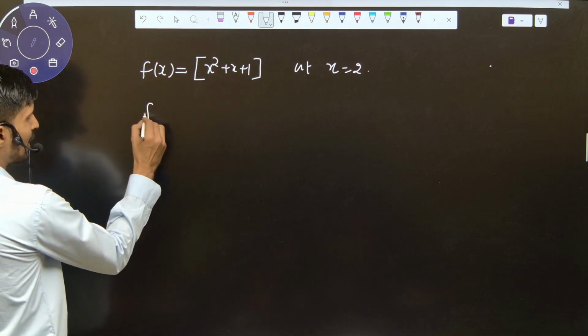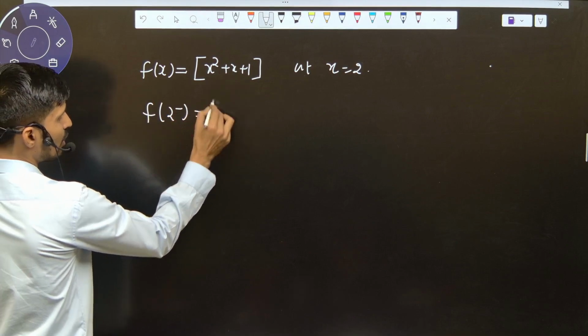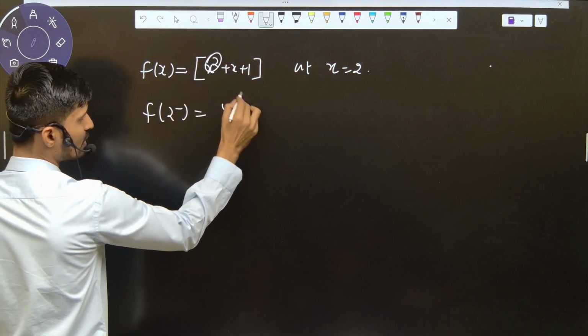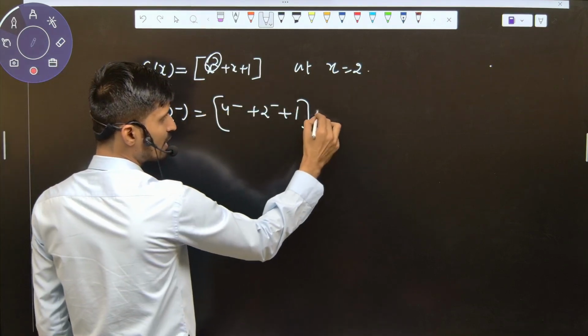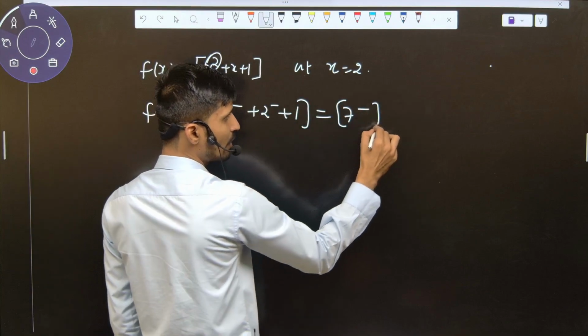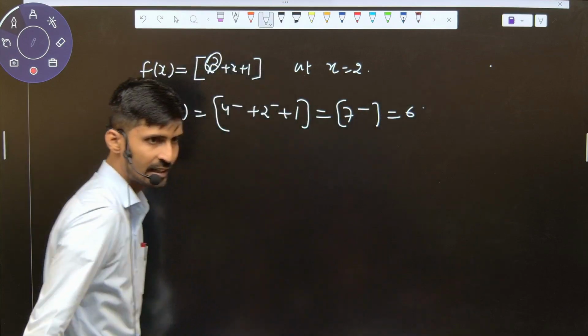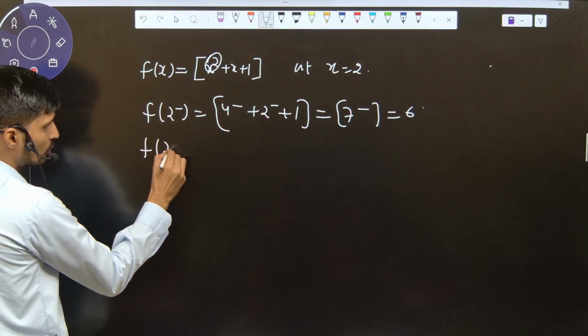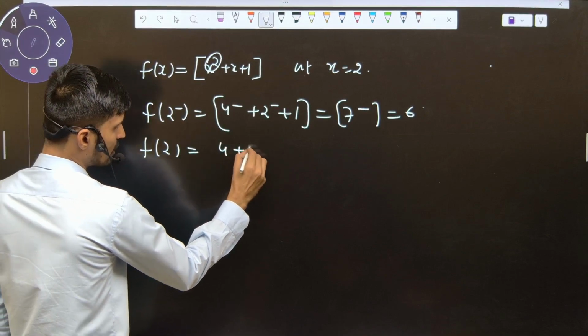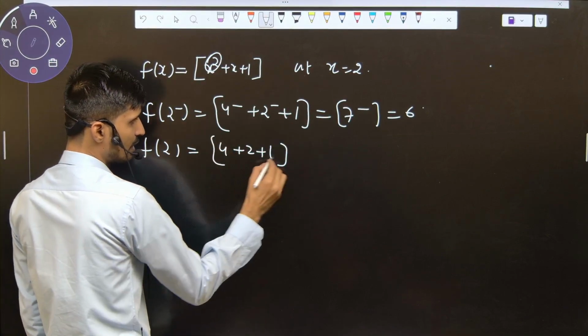So f of 2 minus, what will we get? 2 minus squared, 4 minus, 2 minus, plus 1. If we see this, that will be 7 minus, and what will be the greatest integer of 7 minus? 6.99999, greatest integer will be 6. What will be f of 2? F of 2 will be 4 plus 2 plus 1, that is 7.